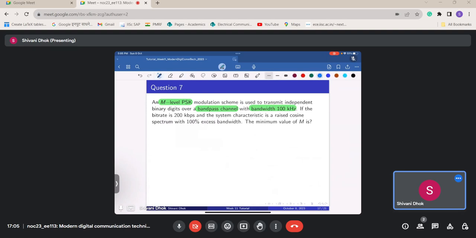Okay, so M-array PSK, which means number of bits is equal to log M to the base 2. This we know. Then we know that it is a bandpass channel.